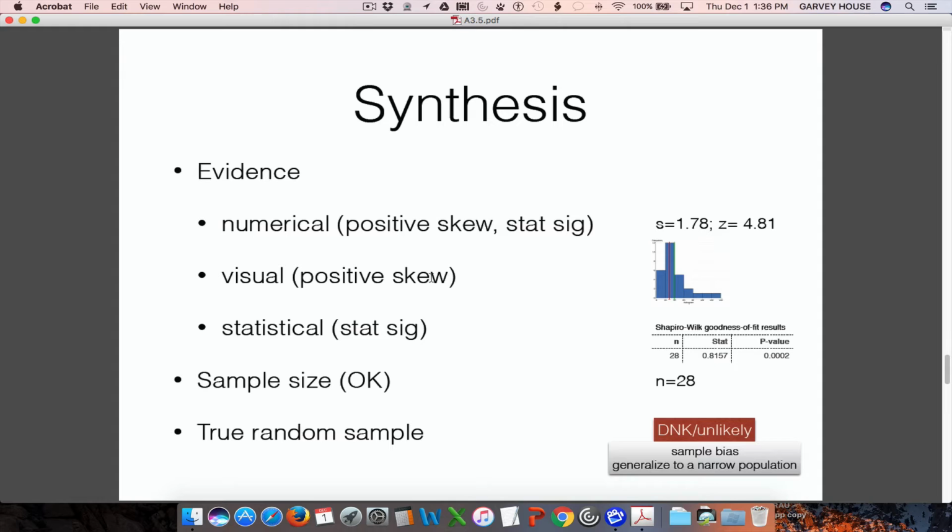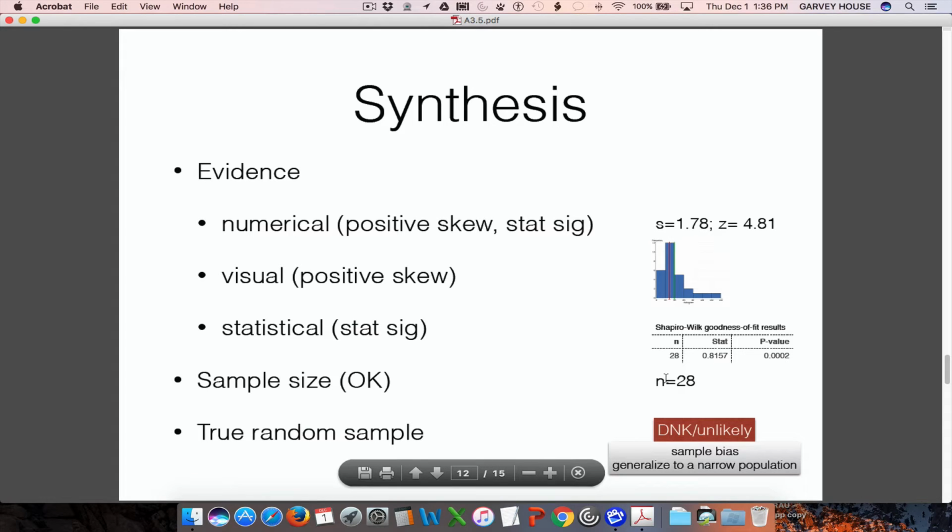In our visual analysis, we can see from the histogram that it has a positive skew, and we can see the relative position of the mean and median. And then we also look at the statistical outcomes, and there was a significant p-value here, and therefore the sample distribution was significantly different from a theoretical normal distribution that has the same mean and variance.